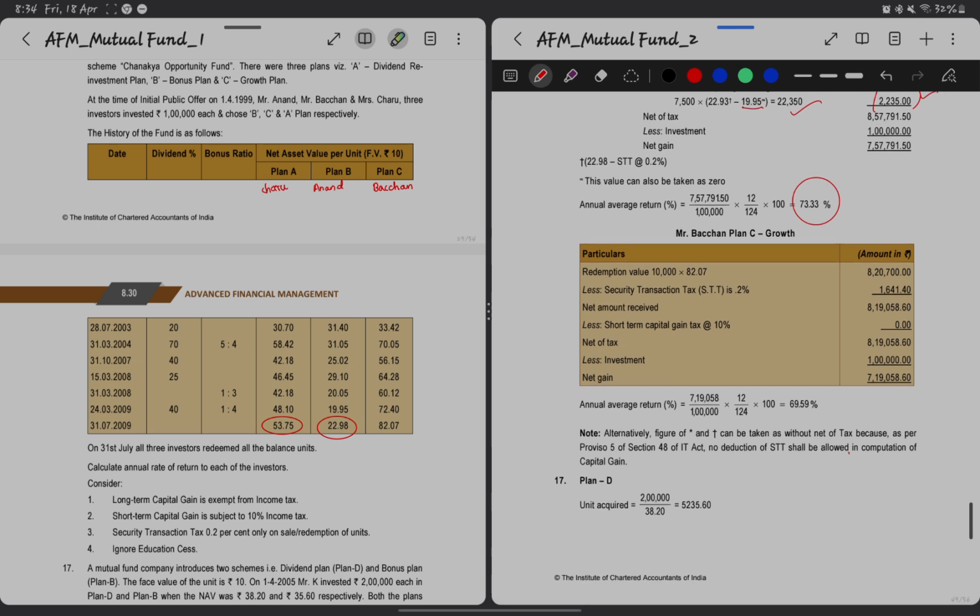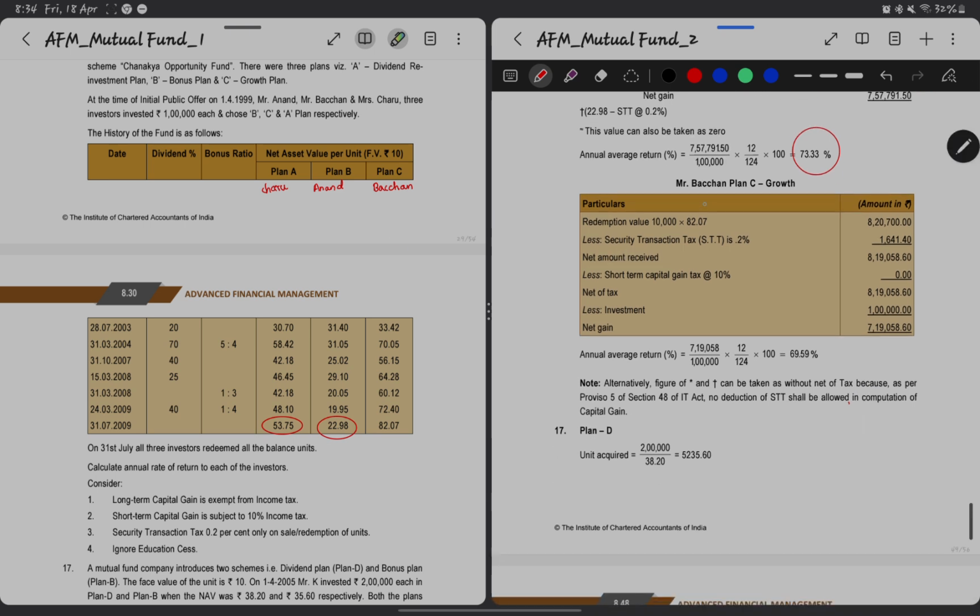Next, Plan C taken by Bachchan, which is a growth model. So it's a straightforward model. We will directly go to the redemption date. We will not worry what has happened in between, as we have just taken the growth model. So from the start, let's say the NAV as on investment date is 10, and then it grew into 82.07.